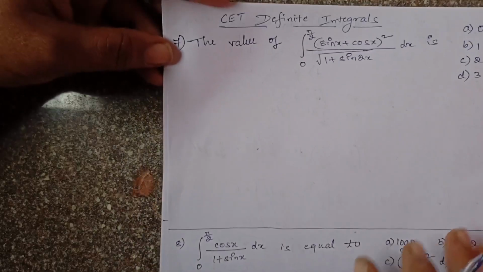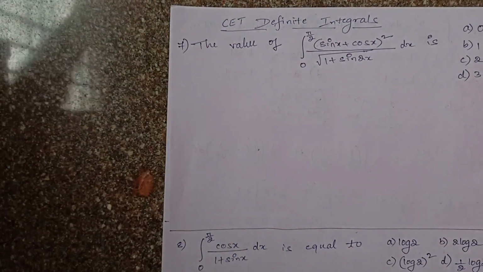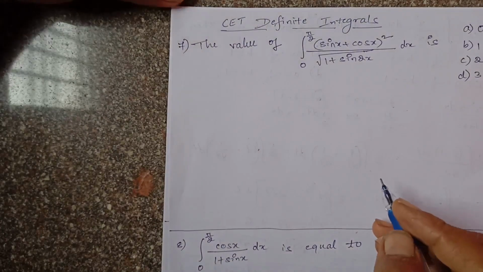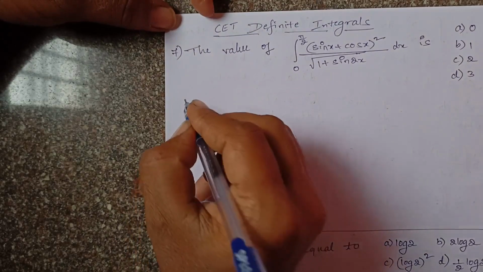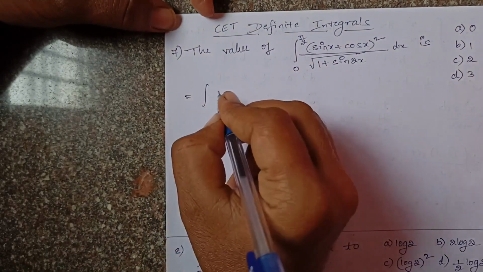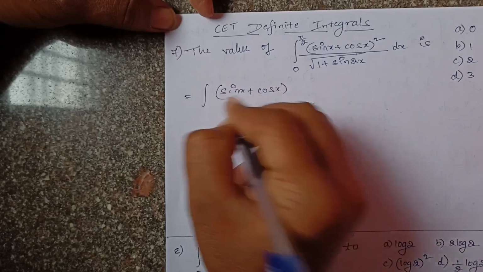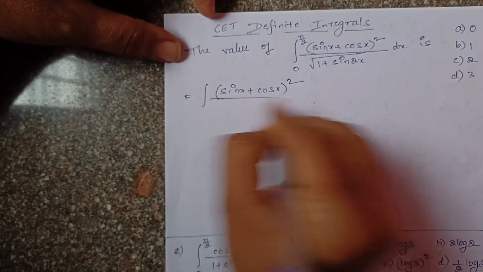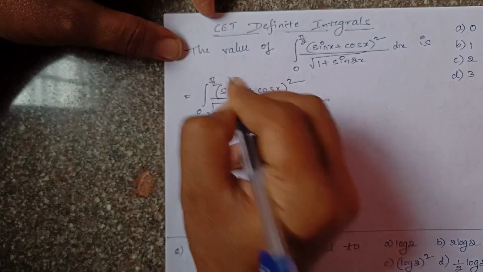Now let us take some questions on definite integrals. CET questions on definite integrals. Integration of sin x plus cos x whole square divided by square root of, it is from 0 to pi by 2.